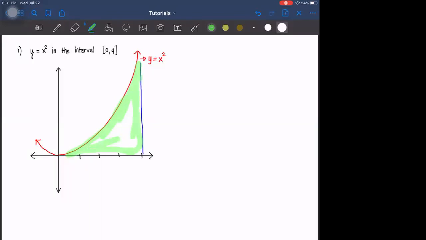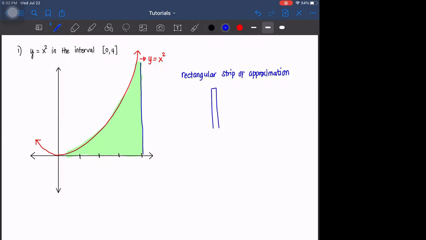So instead of drawing the rectangles, what we are going to do, diretso na, wa na challenge. What we are going to do is to find na the definite integral diretso. But class, ato sang mag-drawing sa taog, ang atong gitawag og rectangular strip of approximation. And when we draw this rectangular strip of approximation, this is just a rectangle. And we have to see to it. Kani siyang shorter nga side, this is either dx or dy.